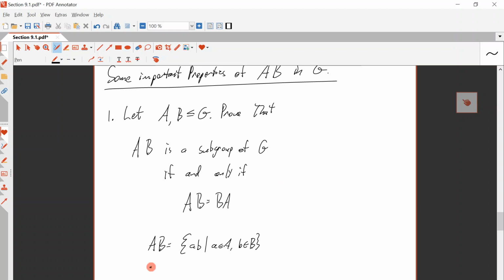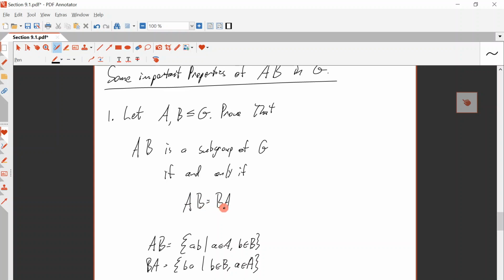And then BA is the set of all little b, little a, such that b is in B and a is in A. All right, you just want to show that these two sets are the same. So this becomes a subgroup of G if and only if AB is equal to BA.